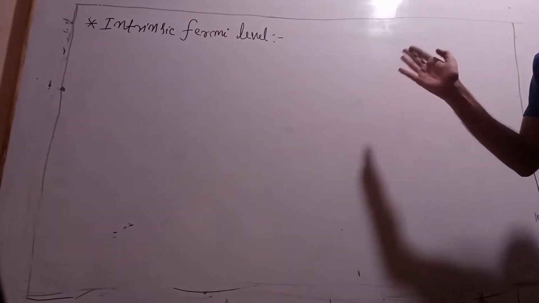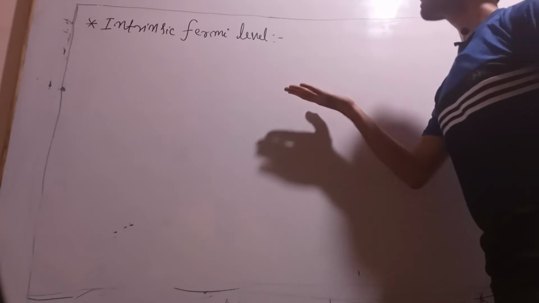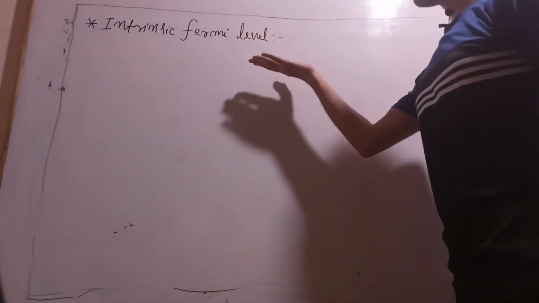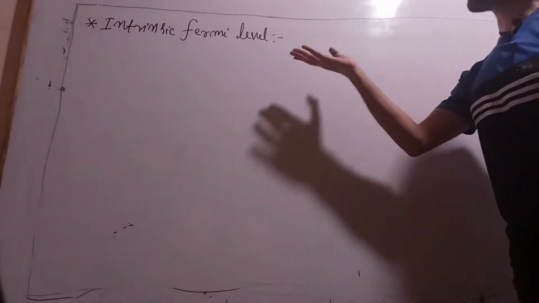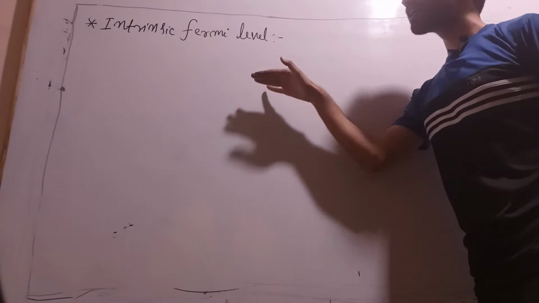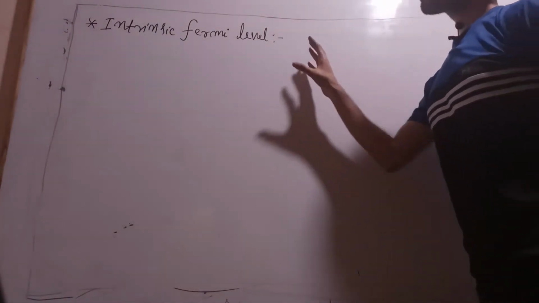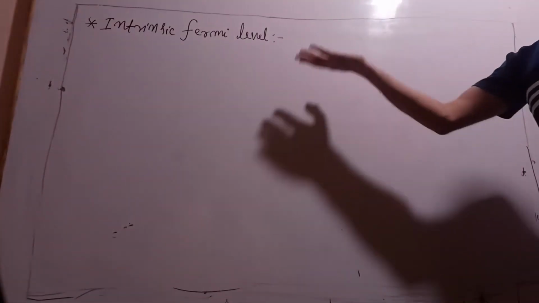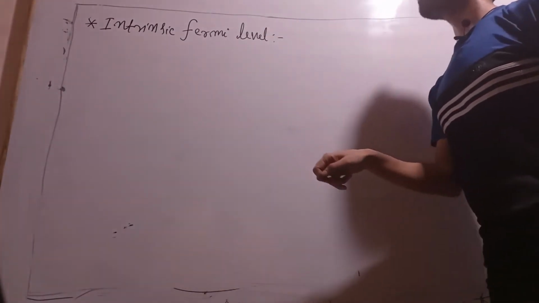What is the Fermi level? That we know very well. The Fermi level is the energy level below which all the energy states are filled. It is an imaginary, hypothetical level, below which all the energy states are filled and above which all the energy states are empty. That we know about the Fermi level.